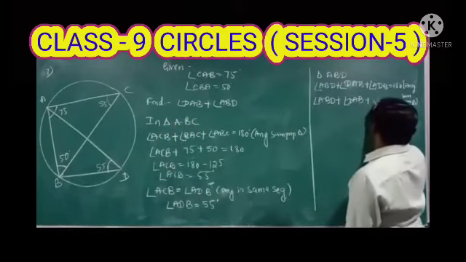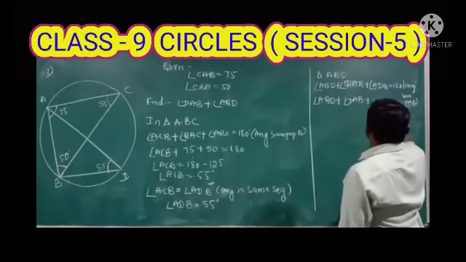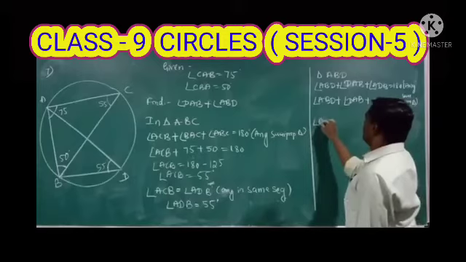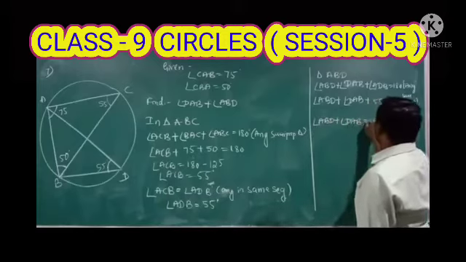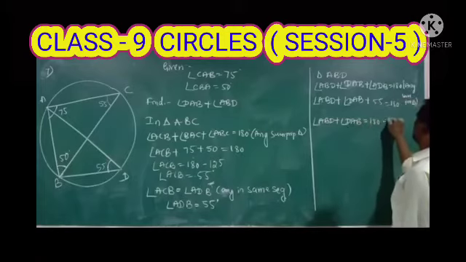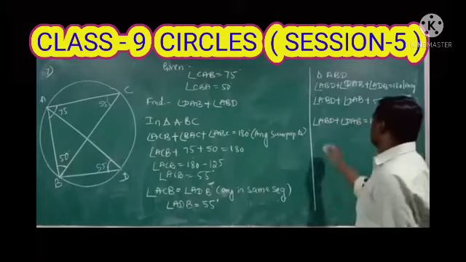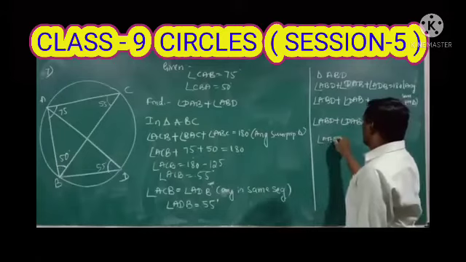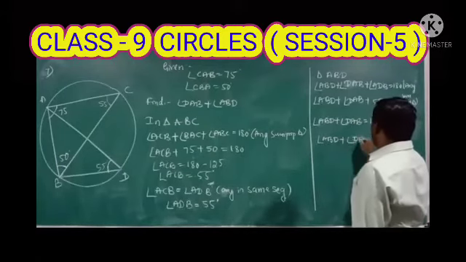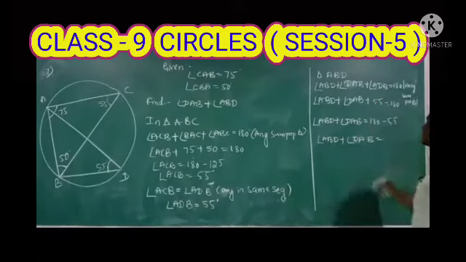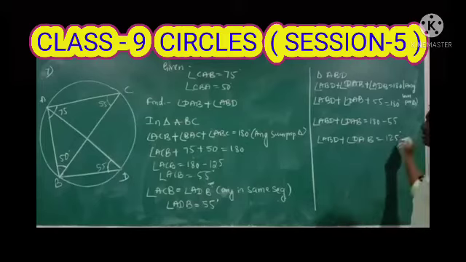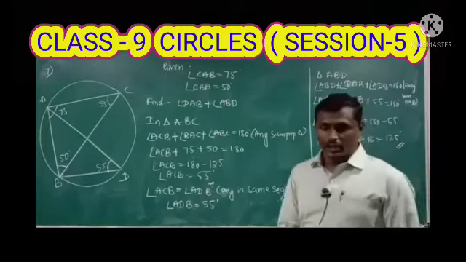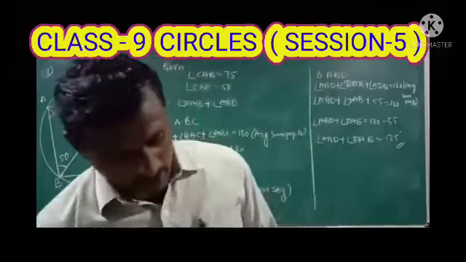So 55, which is equal to 180 degrees. Therefore angle ABD plus angle DAB is equal to 180 minus 55, which is 125. So the sum of the two angles is equal to 125. So this is the 7th question.